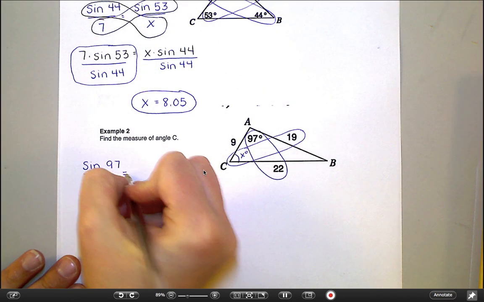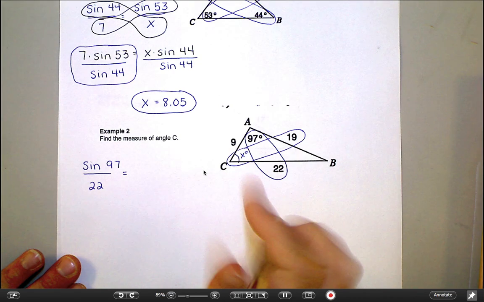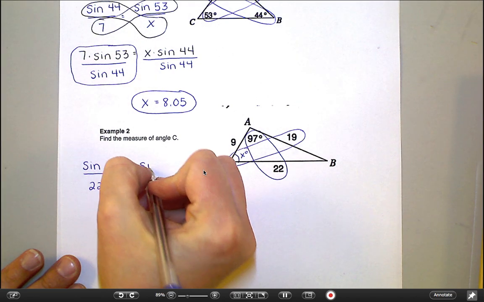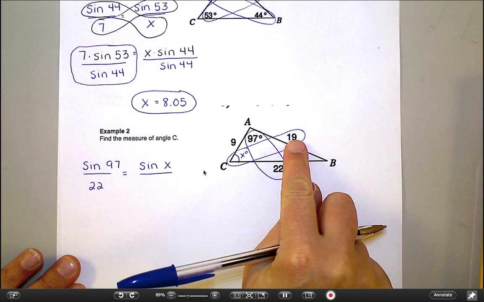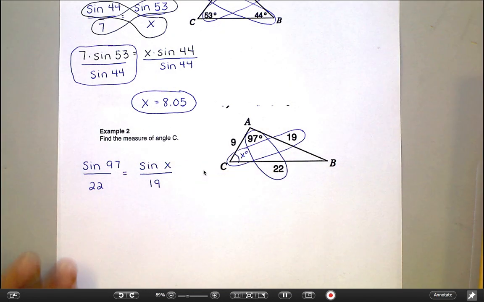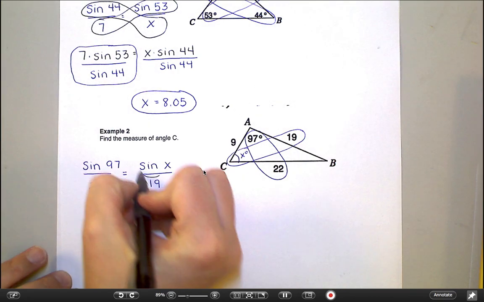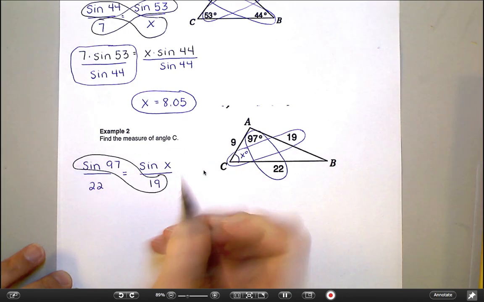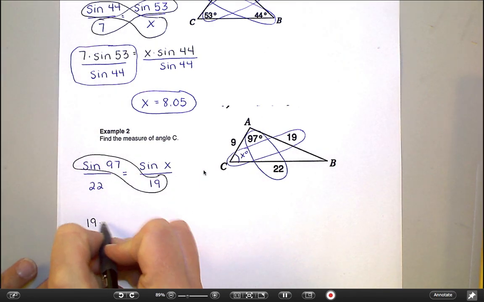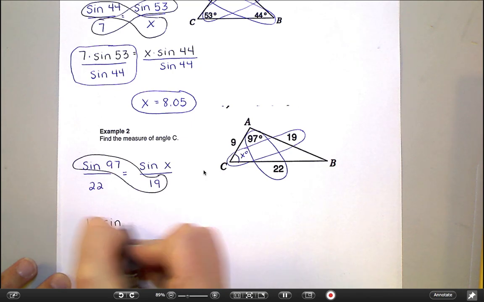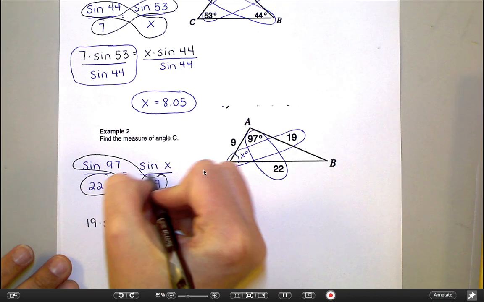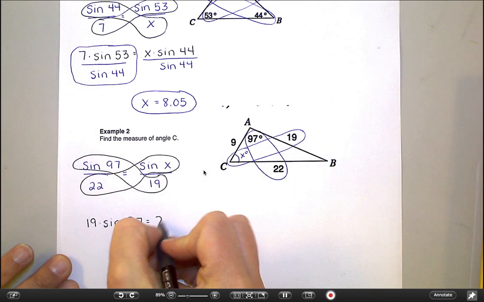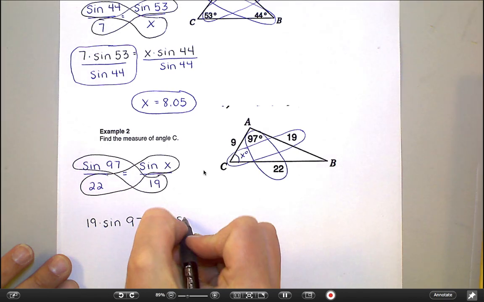When I set up my other fraction, remember this is your angle measure, right? So we're going to say sine of x over the side length, which is 19. So just like before, I'm going to cross multiply. So I'm going to go 19 times sine 97 equals, cross multiply here, 22 times sine x.